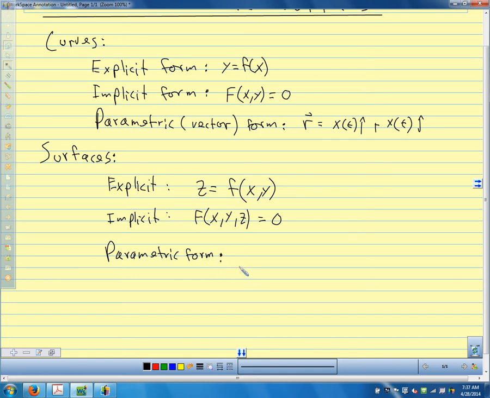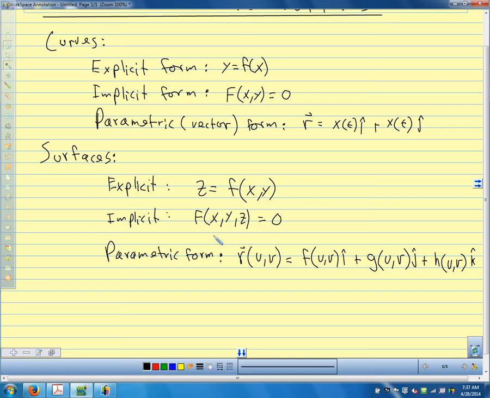That looks like an r of two variables, u and v. We have some function of u and v i hat plus some other function of u and v j hat plus a third function of u and v k hat. And f, g, and h are continuous functions on some domain in the uv plane.